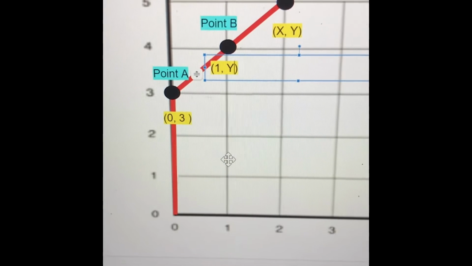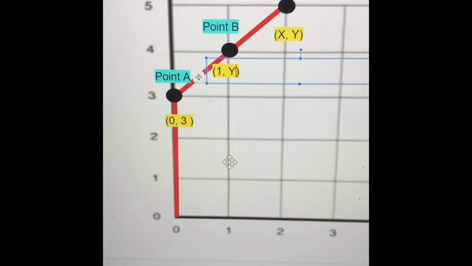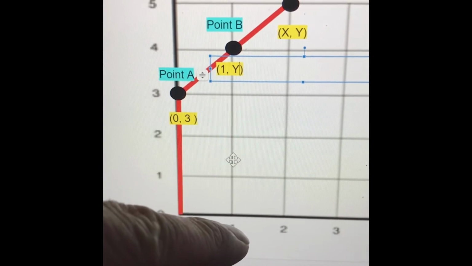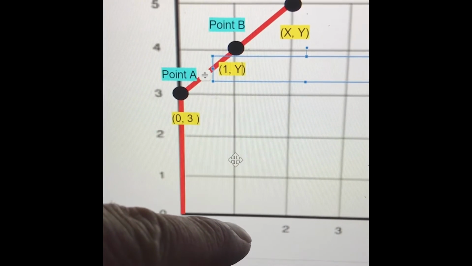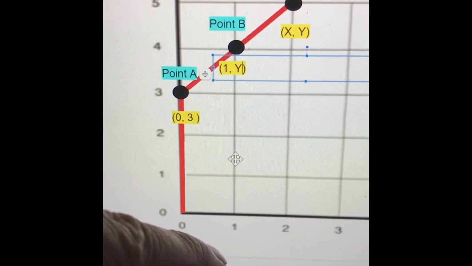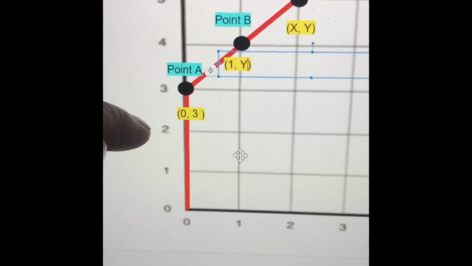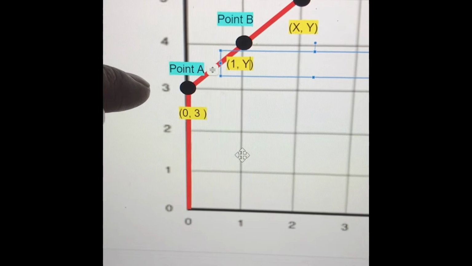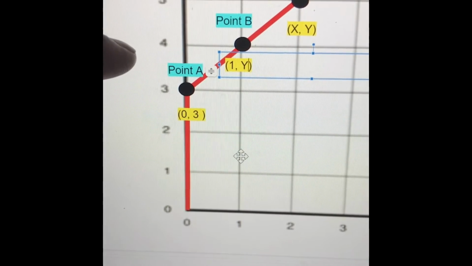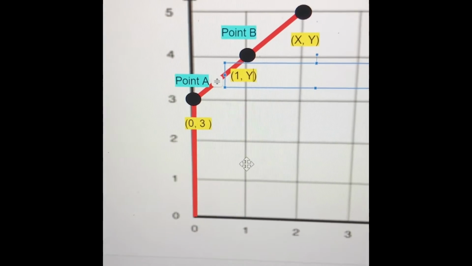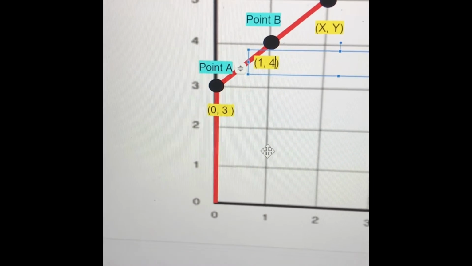Now looking at the y-axis, count them up, 1, 2, 3, 4. So point B is on 4 for the y-axis. So we have 1 and 4.